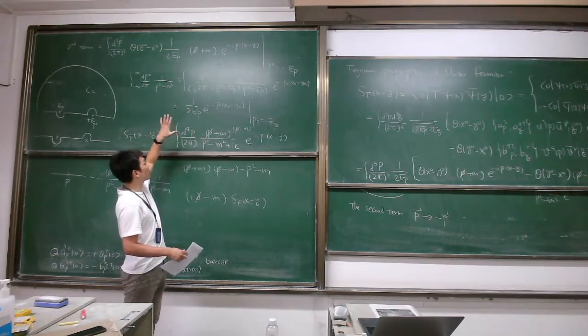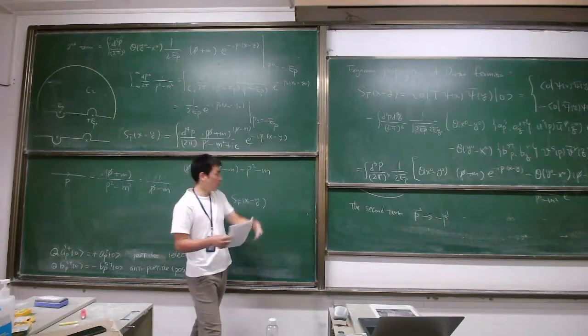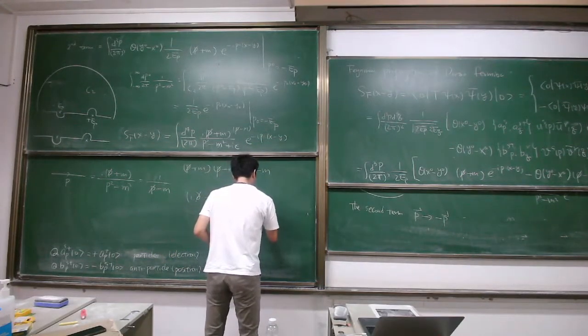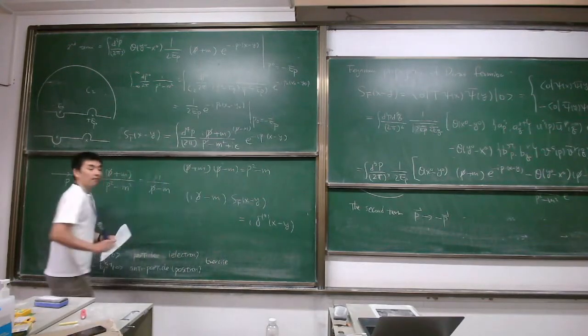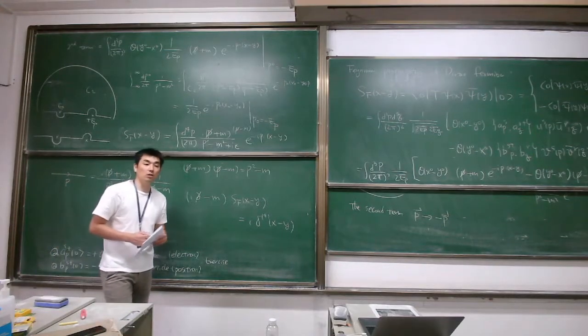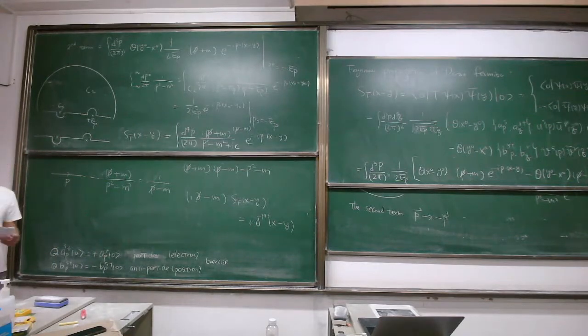And then what's left is the d^4p integral times e to the minus i p x. Therefore, that will give you the delta function. So the final propagator is indeed, analogous to the scalar theory, the Green function of the equation of motion.